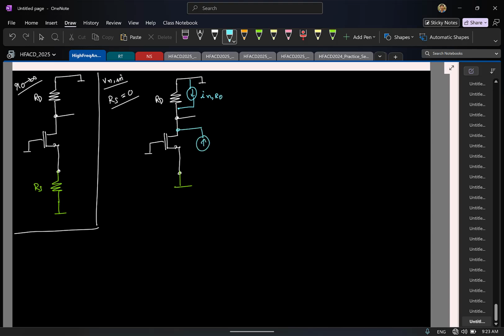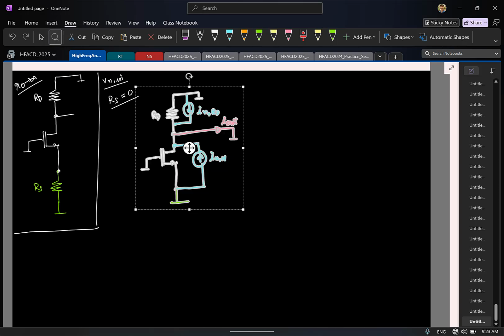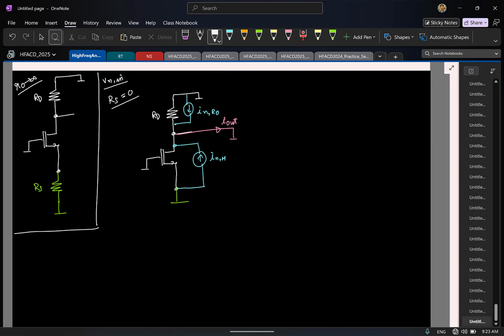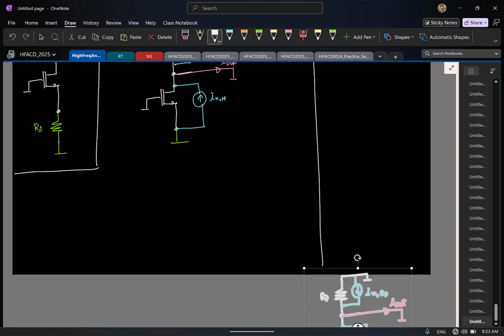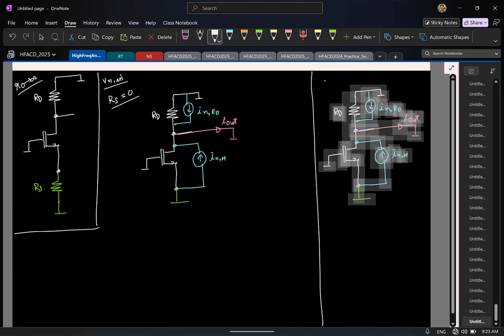And let us say, and I look at short circuit current. And my goal is to make sure I'm able to capture the noise in the network using this model.